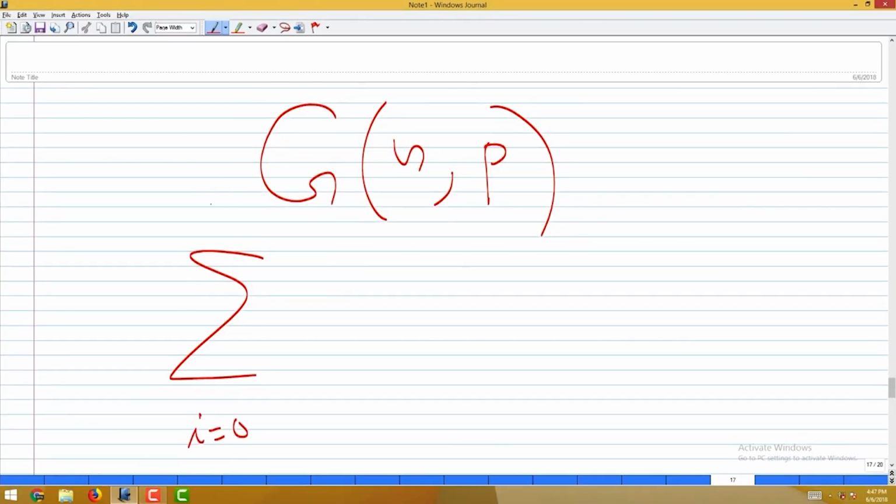You should know the possible values of x. What are the possible values of x? It can be 0, 1, 2, 3 up to n choose 2. So now you may have to sum i equal to 0 to n choose 2 of i into the probability that this x happens to be equal to i.